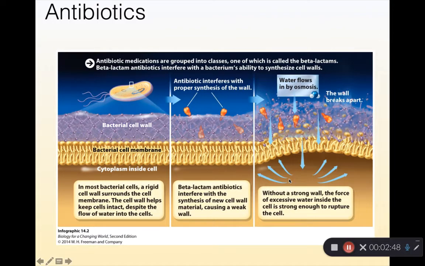In your book, it gives a great example looking at a type of antibiotic class called beta-lactams. So beta-lactams are antibiotics that interfere with a bacterium's ability to synthesize cell walls, so the ability to create and structure these barriers that are so important to the structure of bacteria. And what you can see is that the antibiotic inhibits and interferes with the phospholipid bilayer and causes water to flow into the cell and then ultimately lyse or destroy the cell.